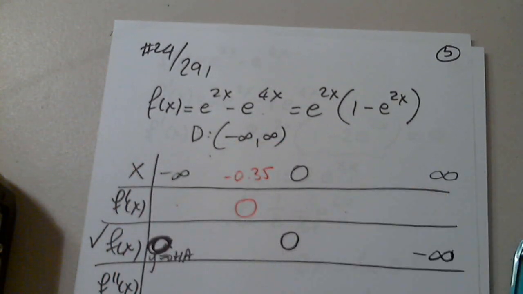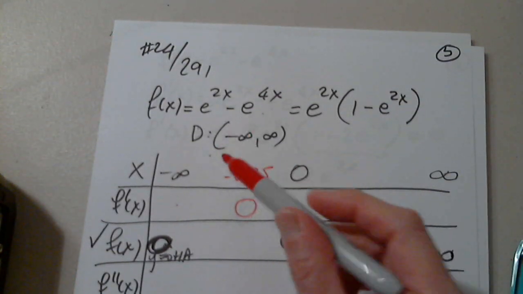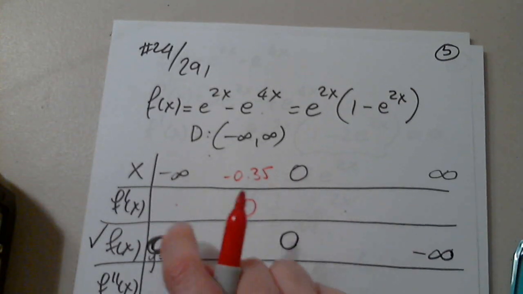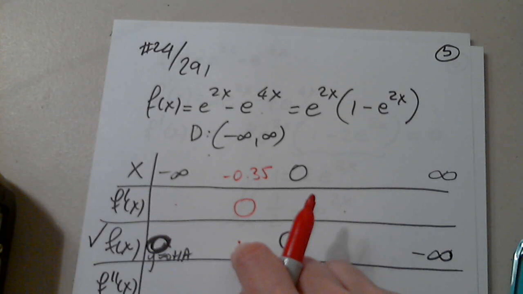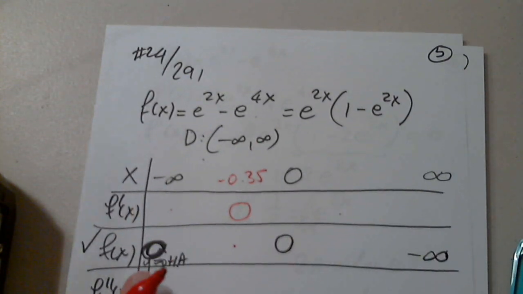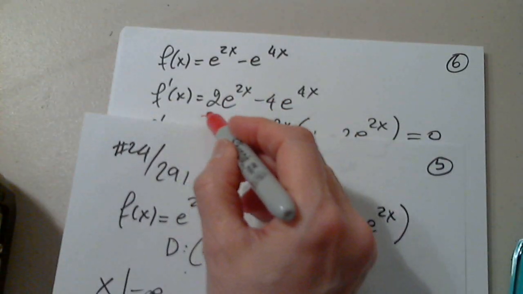And now I have to study the sign left and right. And I have to plug this in the function, because I need a number here. When x is negative 0.35, I need to find the y value. Okay? So, let's find the sign first. So here's my first derivative.